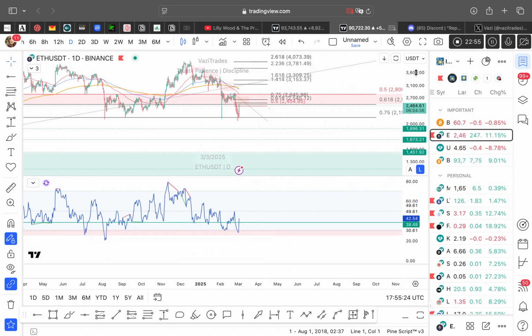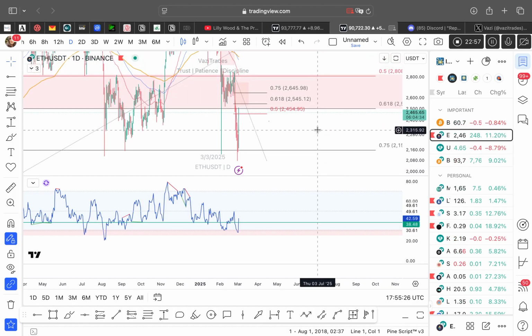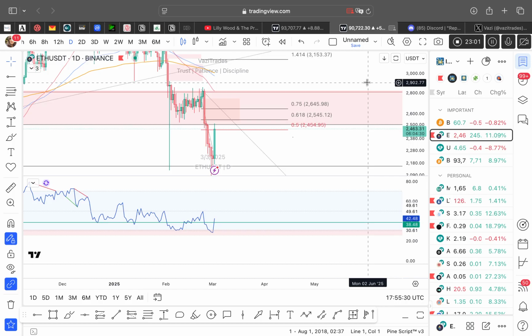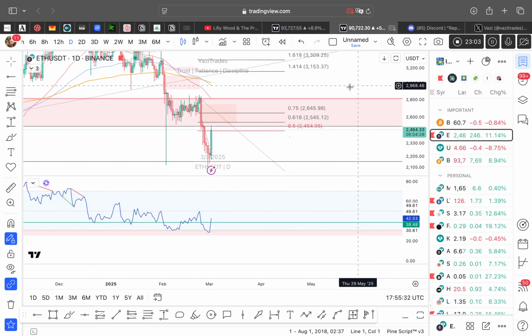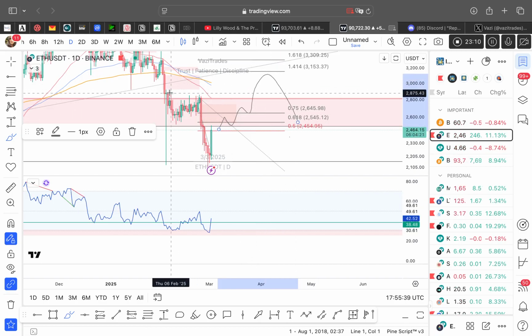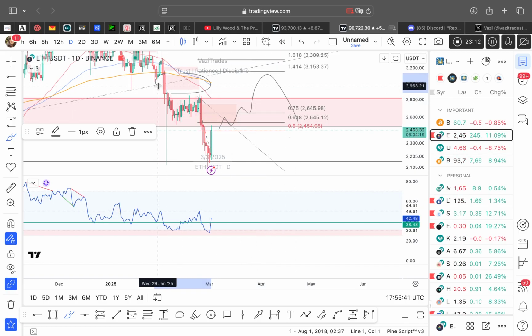So even if it gives a pump now, keep in mind that it has a resistance zone here, FVG, here these EMAs, here this fib comes, right?